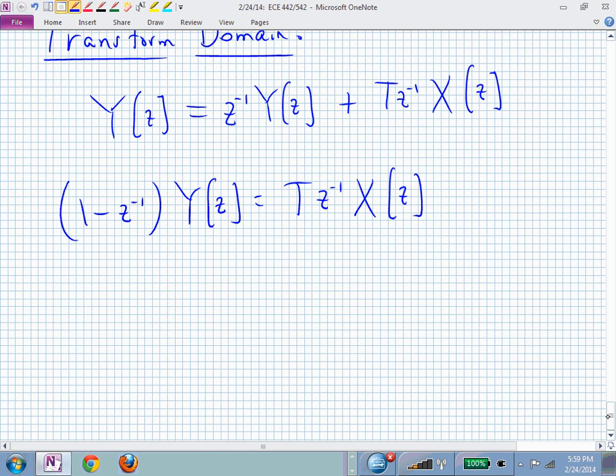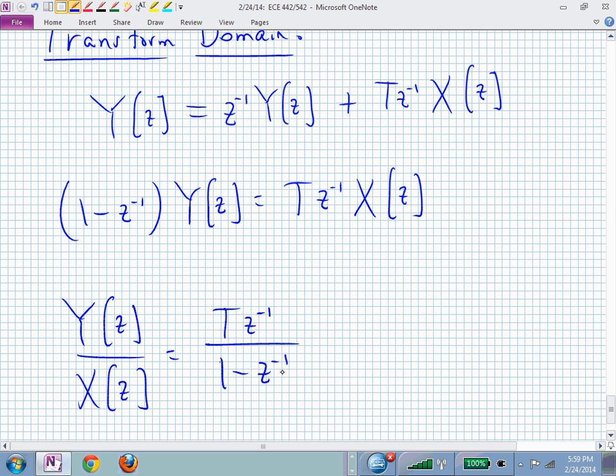Whoops. But that now gives us this transfer function of T z to the minus 1 over 1 minus z to the minus 1. I don't like those z to the minus 1s, so let's either factor them out or multiply both top and bottom by z, and we end up with T over z minus 1.